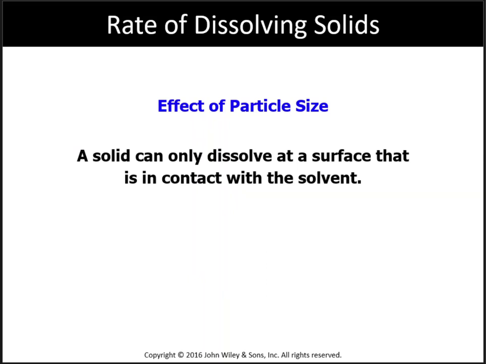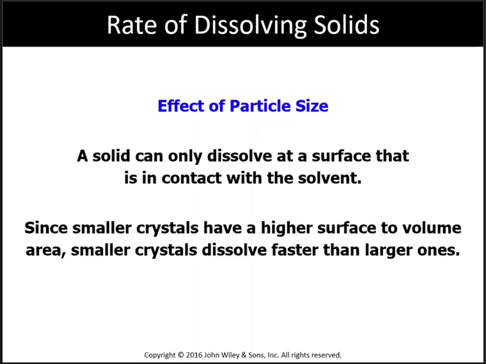So now we looked at the factors that affect the solubility. Now let's look at the rate of dissolving solids. There are a couple of factors that affect the rate of dissolving solids. One factor is the effect of particle size. The smaller the crystals, the particles, the faster it's going to dissolve in the solvent.